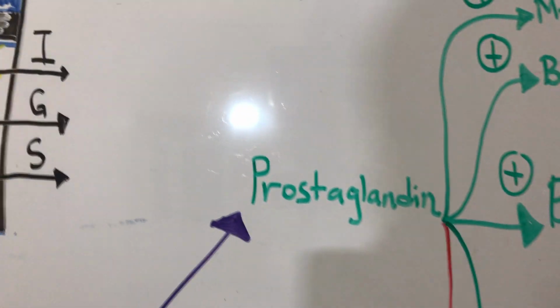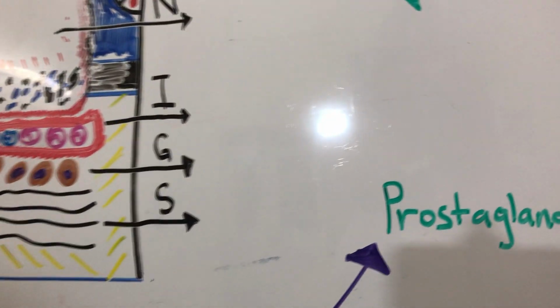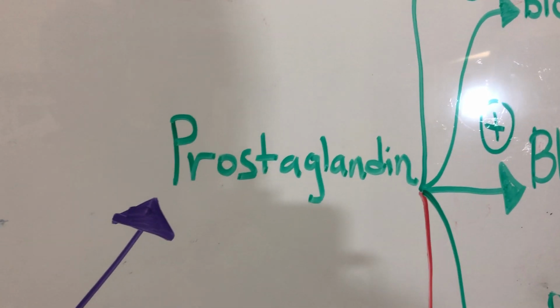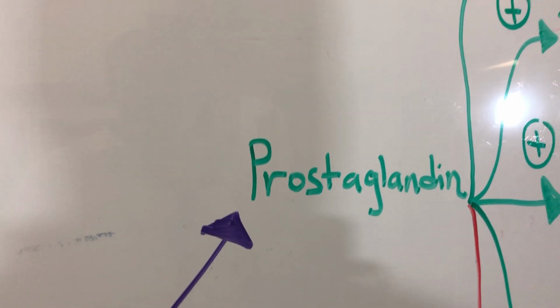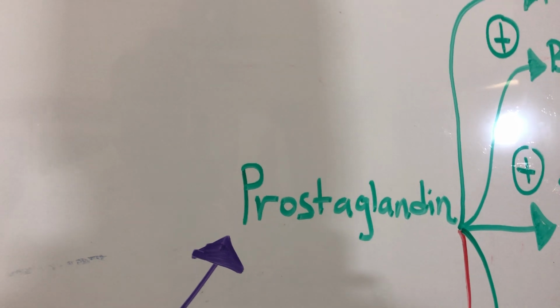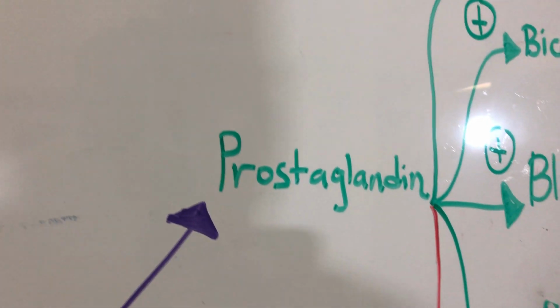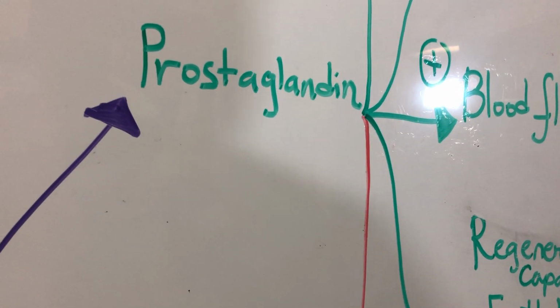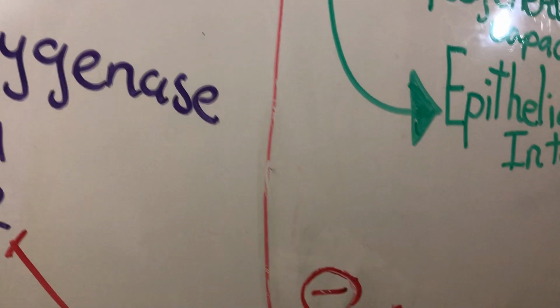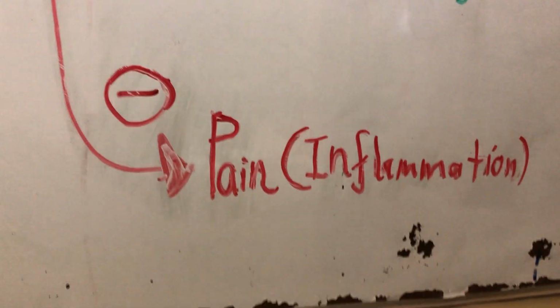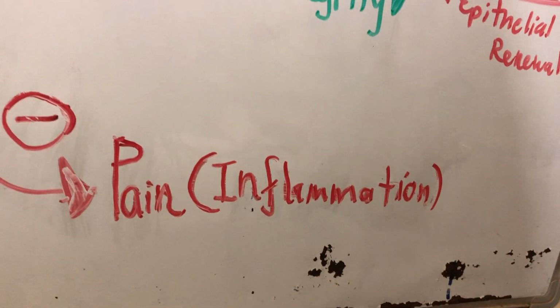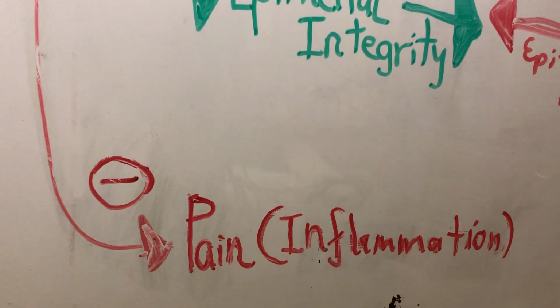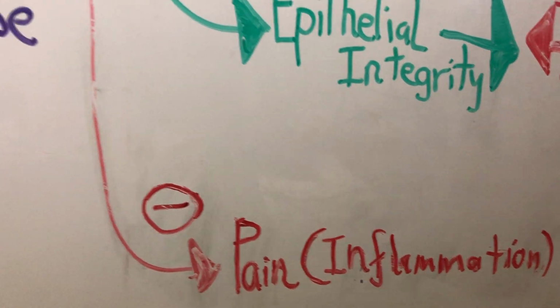Now let's talk about prostaglandin. Prostaglandin positively promotes four defensive mechanisms, but it causes one negative thing that I put in red. It's not really negative, but we perceive it as negative. And that is that prostaglandin is important for pain generation in inflammation.